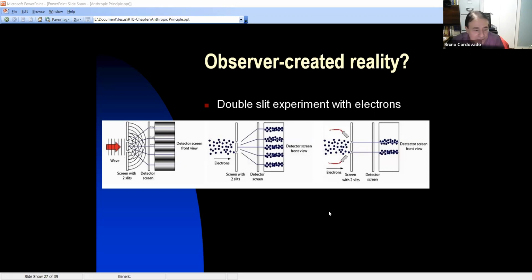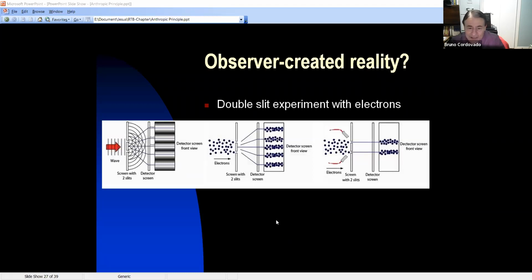So the way they interpret this is that by observing an effect, you change what it's doing. Then they extrapolate this to the whole universe, and they say that by us observing the universe, we're somehow affecting reality and changing it to give it the characteristics that we need for life.